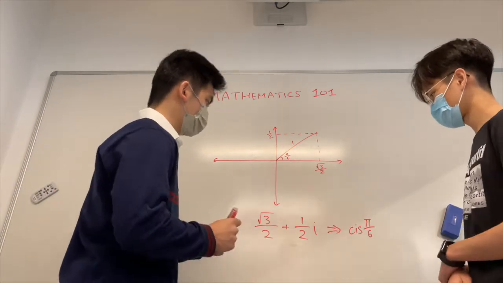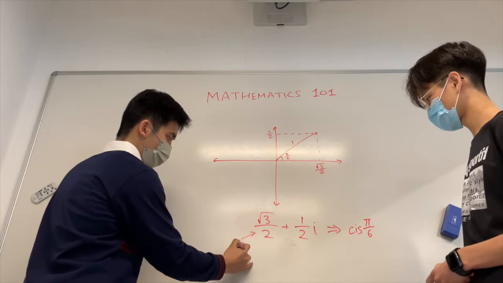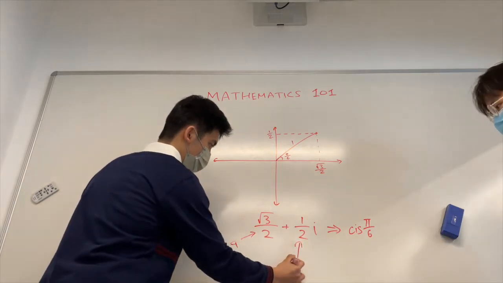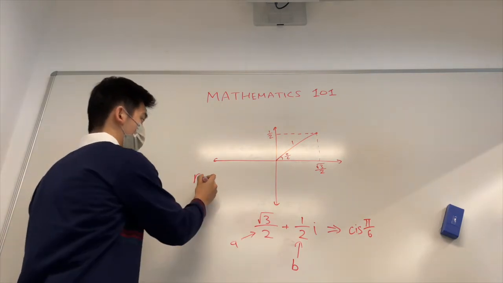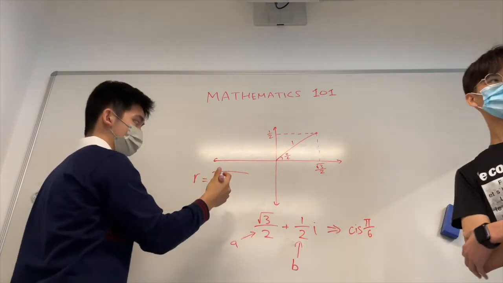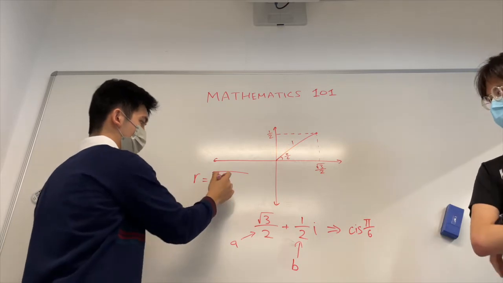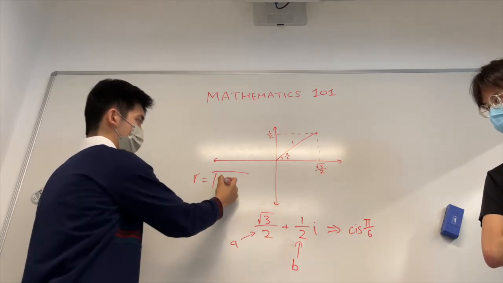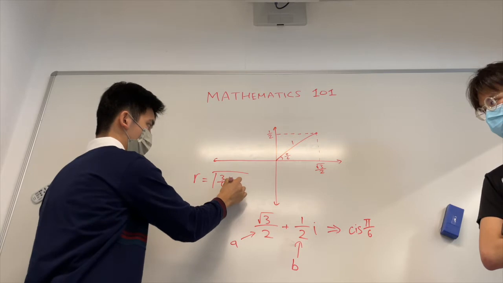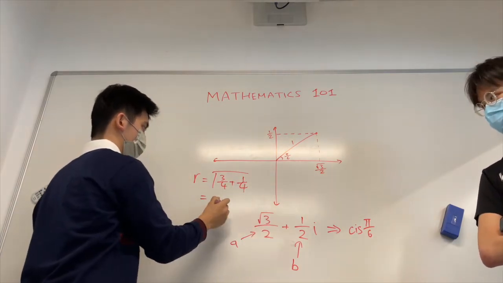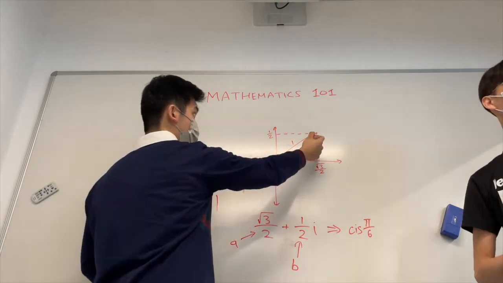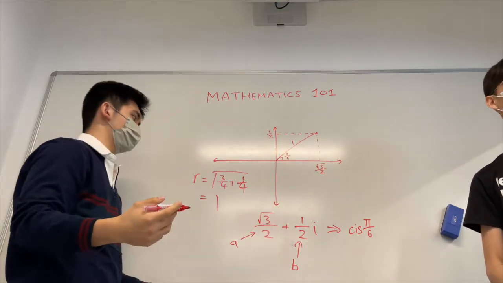So let's say this is a, the real part, and this part is b. If you plug this in, remember the equation from last time, r equals root a squared plus b squared. You have root 3 over 2 squared, which is 3 over 4, plus 1 over 4, so this would be equal to 1. And as we see, the hypotenuse is length 1.